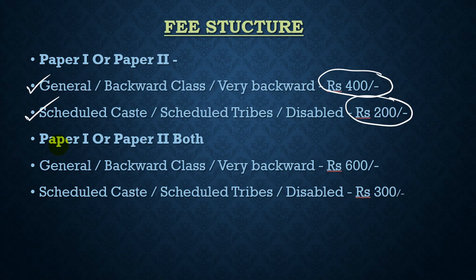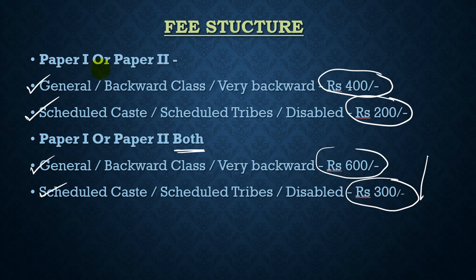And if you're giving both the papers, then for general, backward or very backward classes, the fee is 600 rupees, and for the scheduled castes, scheduled tribes or the disabled, the fee is rupees 300. This is for both the papers, and the earlier fees are for just one paper. Okay.